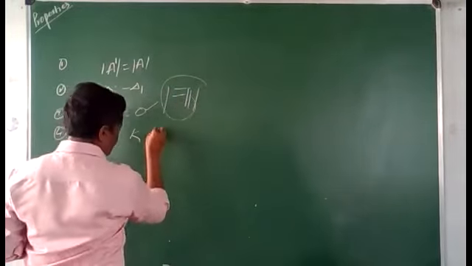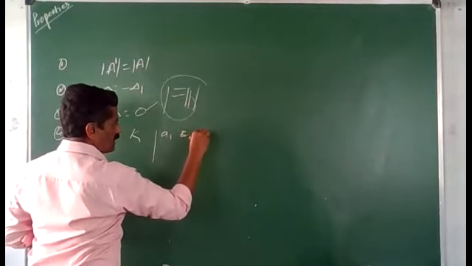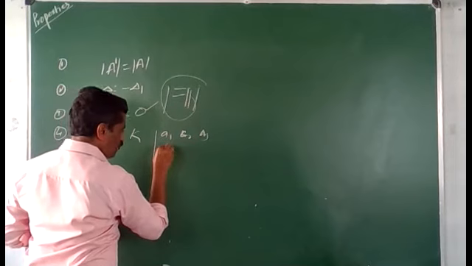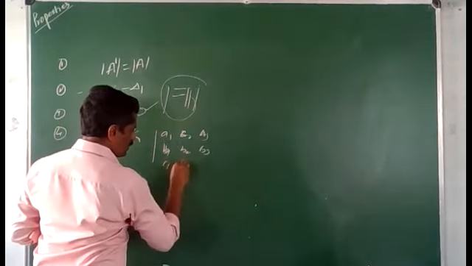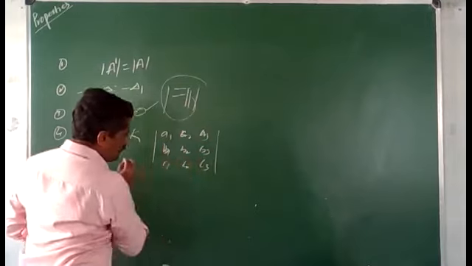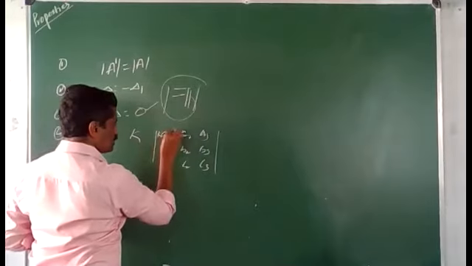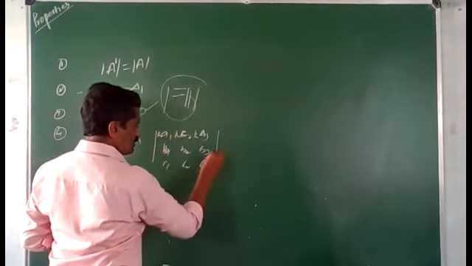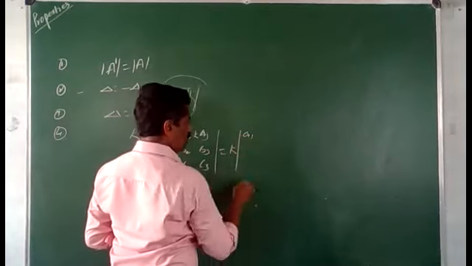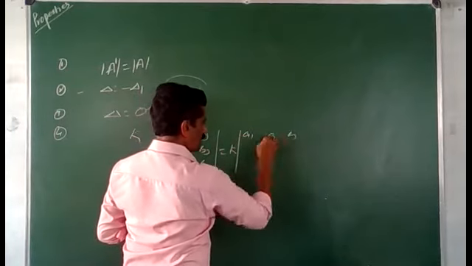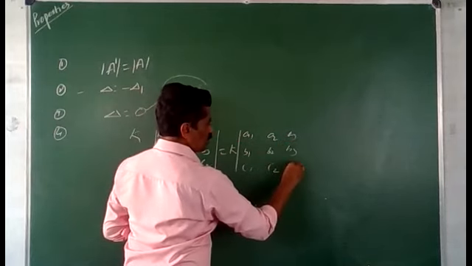So that is, if a1 a2 a3, b1 b2 b3, c1 c2 c3, each element of a row or column is multiplied by k, then that is equal to k into the determinant of a1, a2, a3, b1, b2, b3, c1, c2, c3.